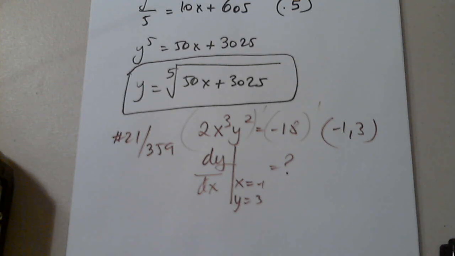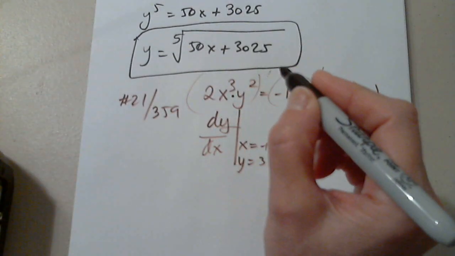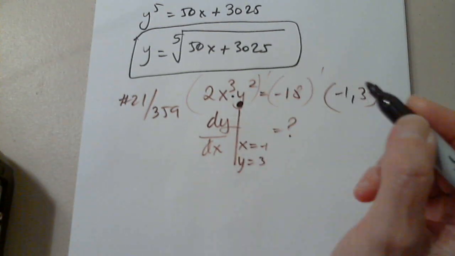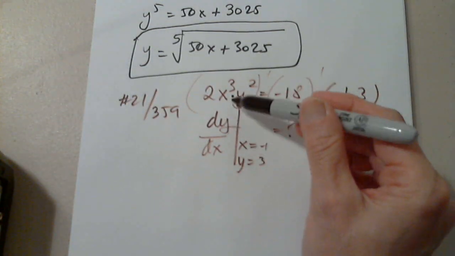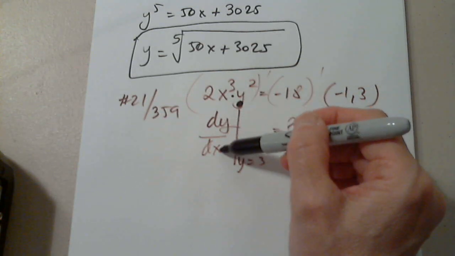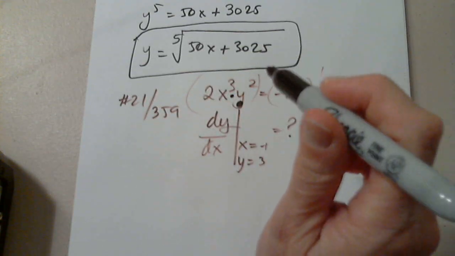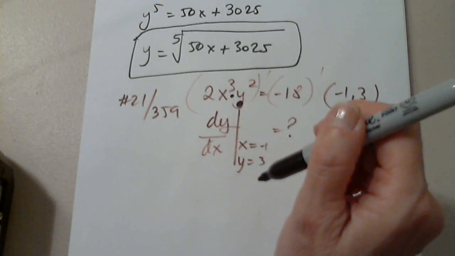And here's what we get. This is a product. We put a big dot under the function. X is the independent variable, but y is the function. It's a function of x. Because this is a product, I have to use the product rule.